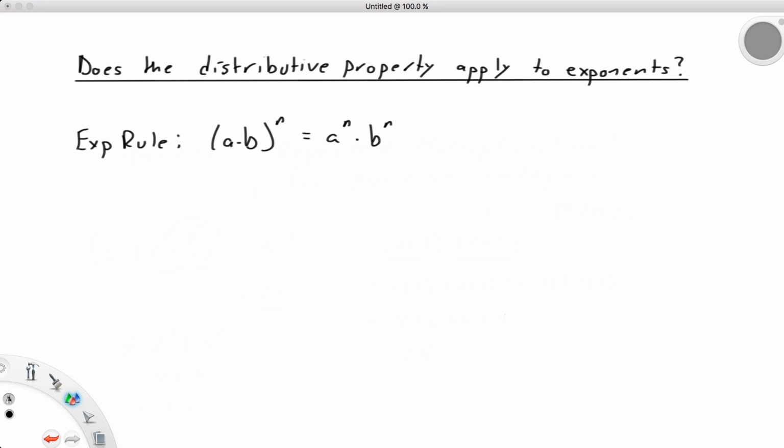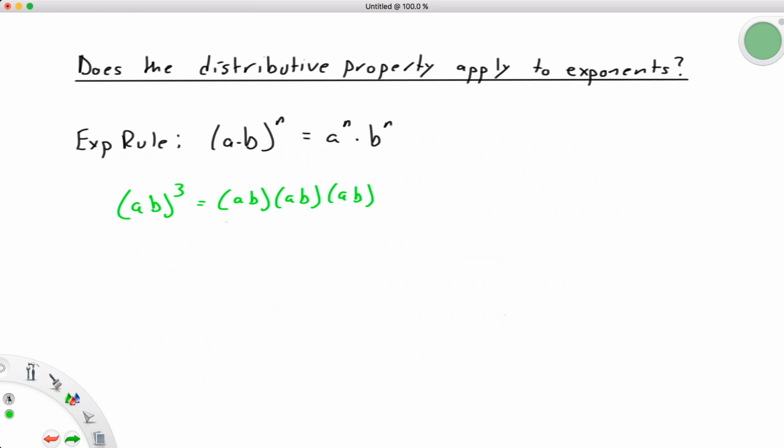Now, the reason that this works, right, is let's say we took a times b to the third. Again, this exponent represents repeated multiplication. So we have to repeatedly multiply a times b times a times b times a times b 3 times.